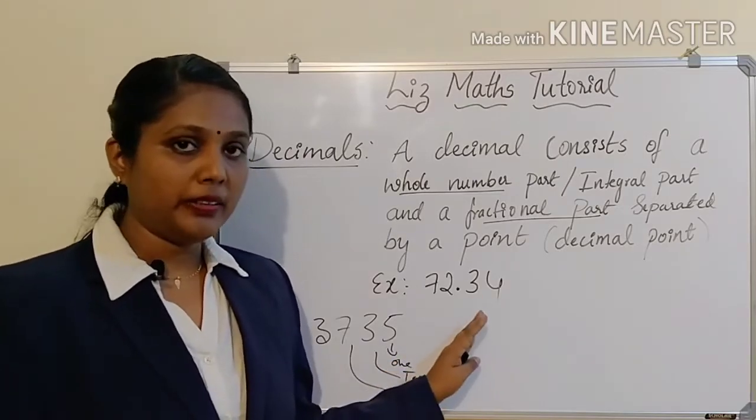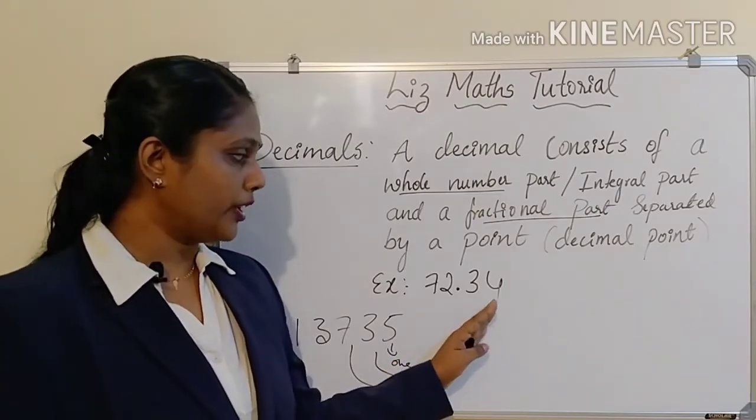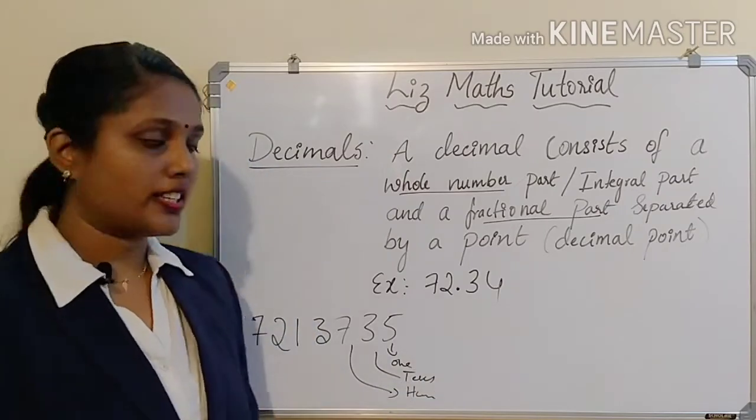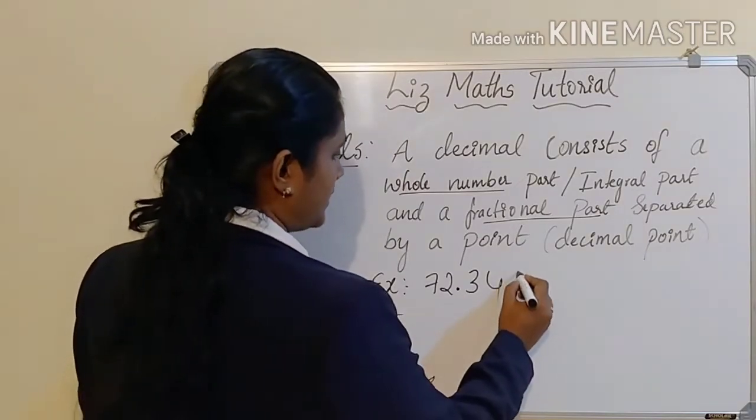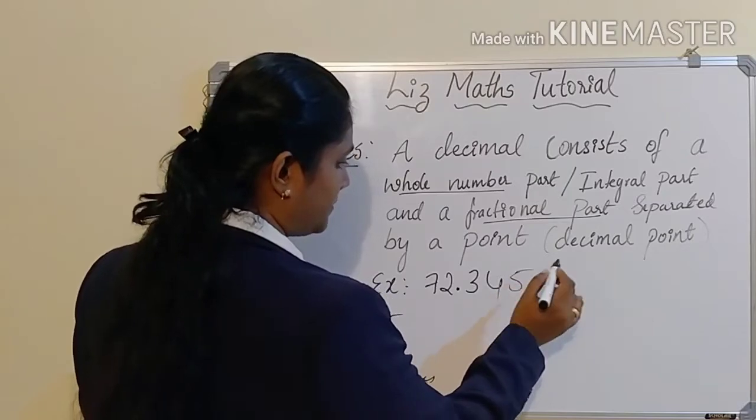But in a decimal, after the decimal point, what are the values of the digits? Let me take one more digit, 5.